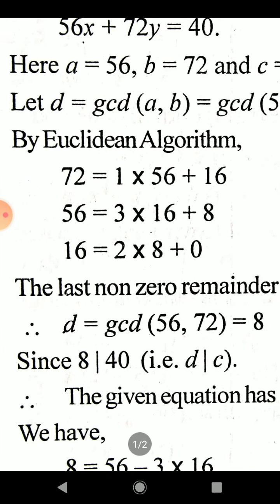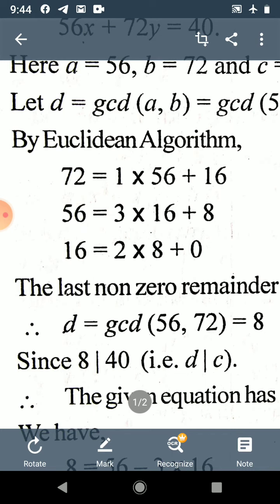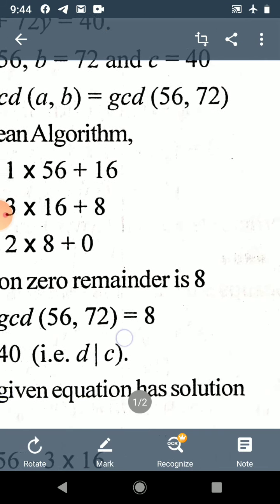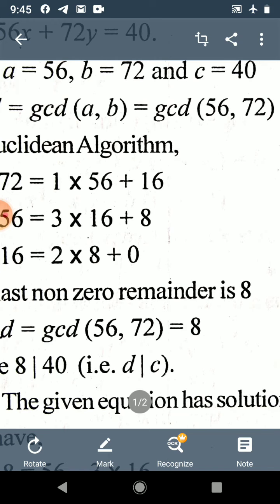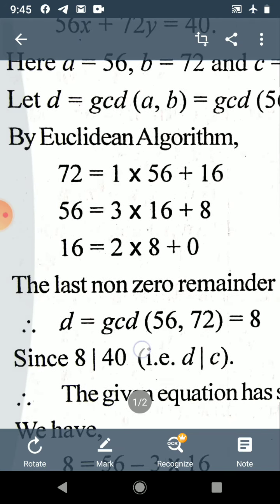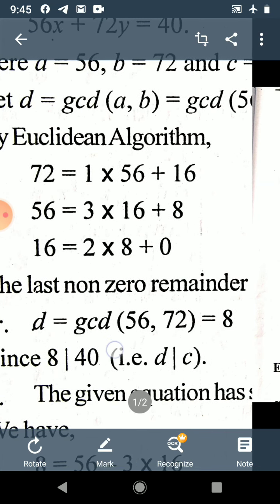In this last equation, the remainder is 0, which means our repeated application of the division algorithm stops here because the remainder is 0. And by the Euclidean algorithm, we know that the last non-zero remainder, here 8, is the greatest common divisor.